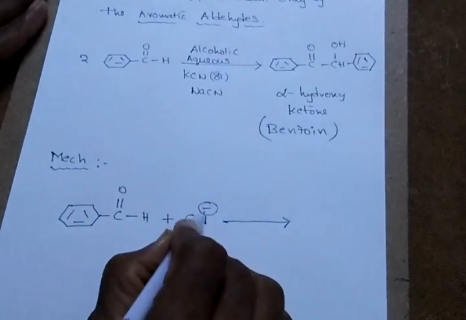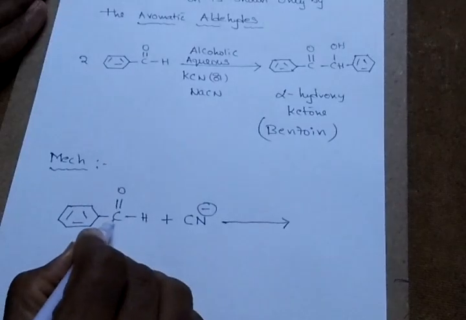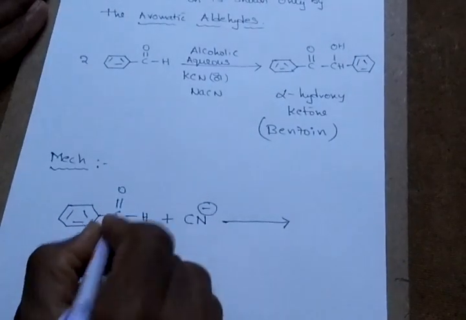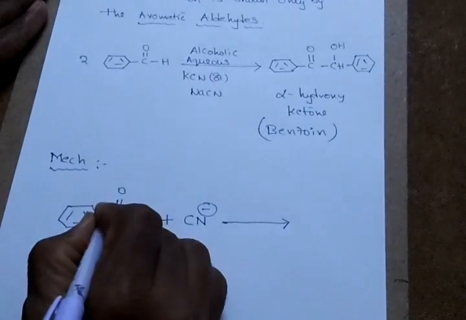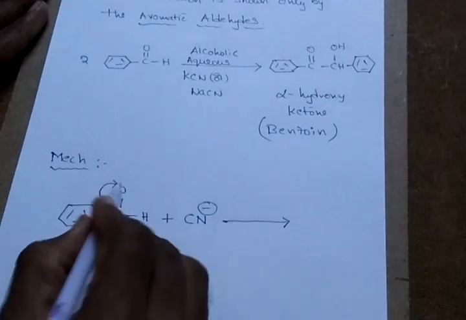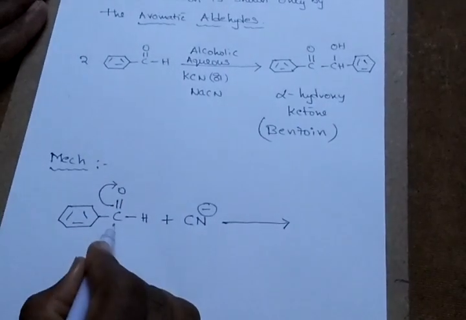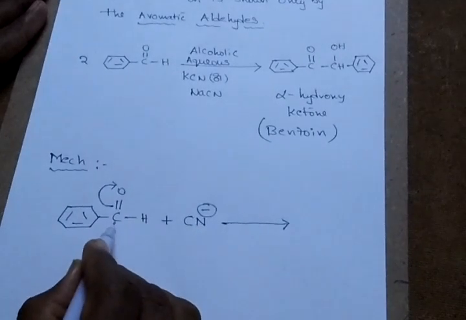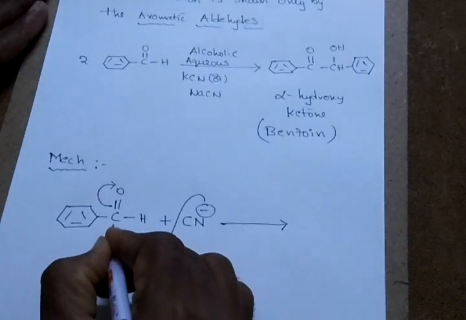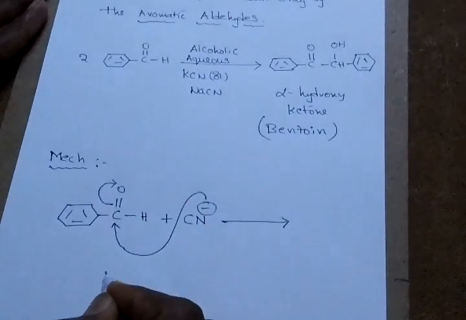First, being a nucleophile, this attacks this carbon bearing positive charge. This carbon gets the positive charge only when the pi bond migrates onto the oxygen like this. Then this becomes the O minus and this becomes the C plus. So at this positively charged carbonyl carbon, the CN minus will come and get attached.